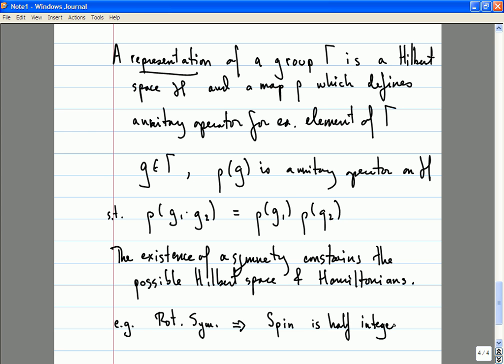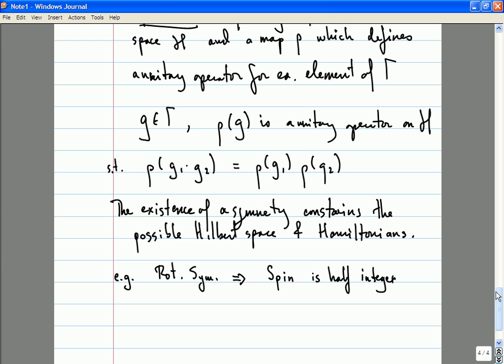Okay. So that's one example of this symmetry language at work. So in Newtonian physics, there are more symmetries in the world than just rotational symmetries. For example, there's also what's known as Galilean symmetries.